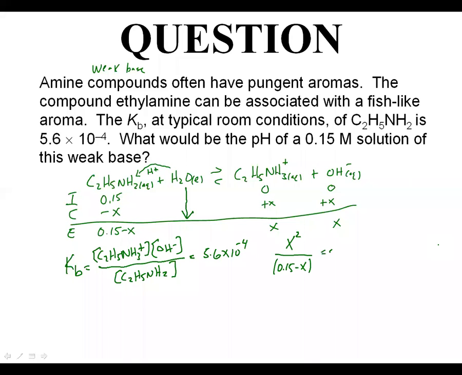We could assume here that x is approximately 0, so that 0.15 minus x is about 0.15.